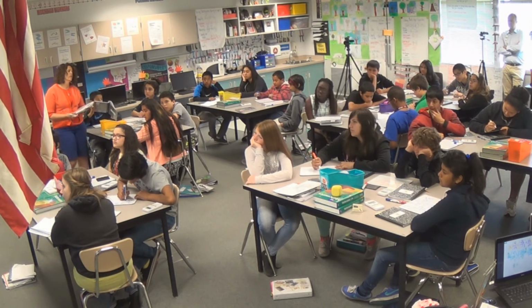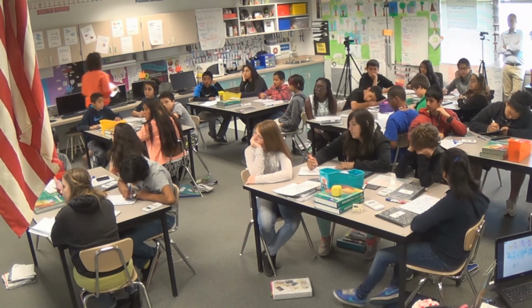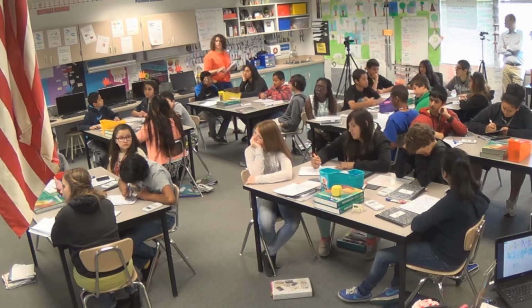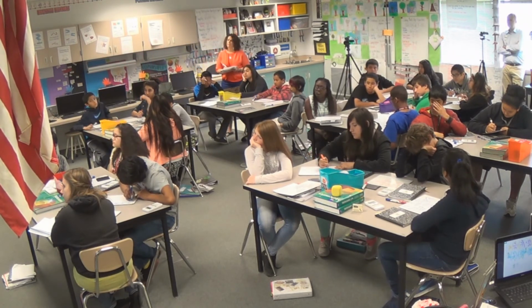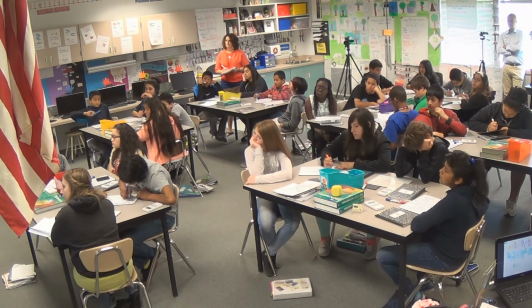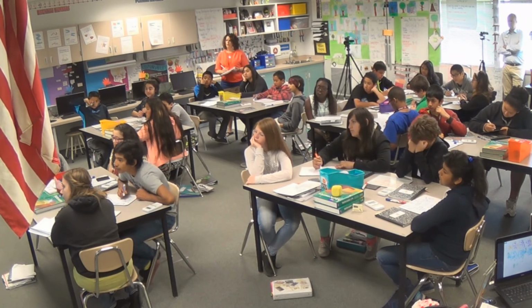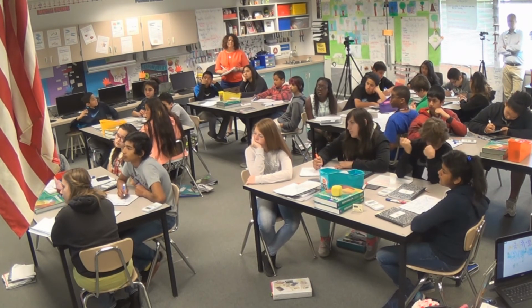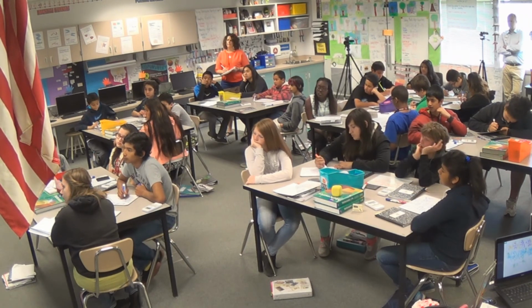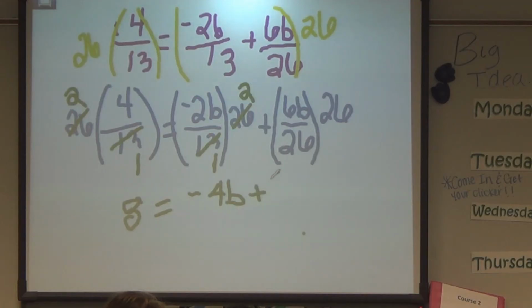And then what am I going to do? Multiply 2 by negative 2. And what do you get? Negative 4. Negative 4 what? Negative 8. I've got to get better at writing on this.